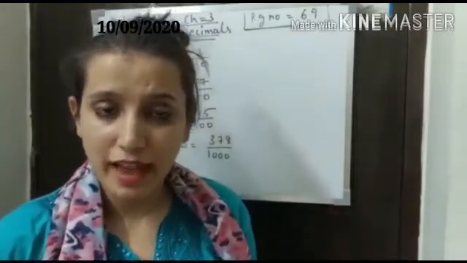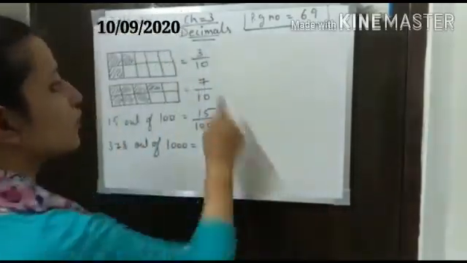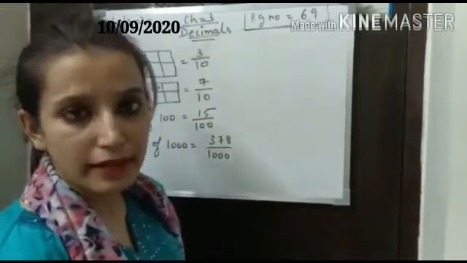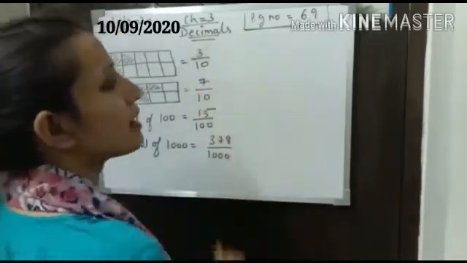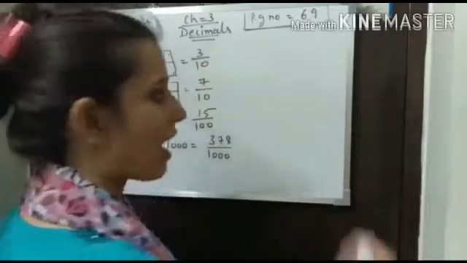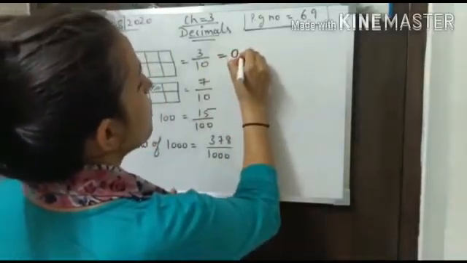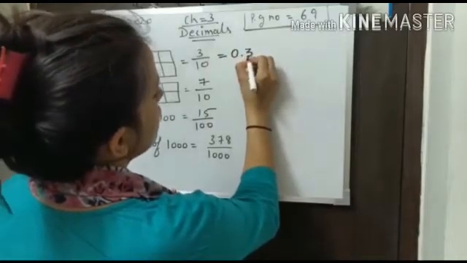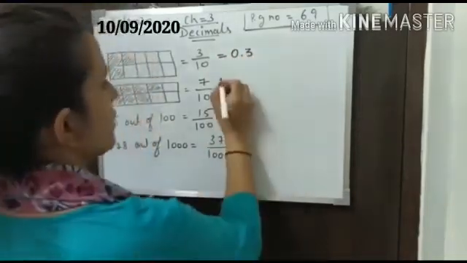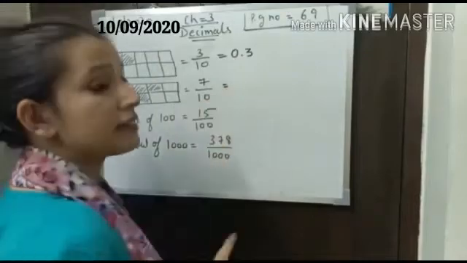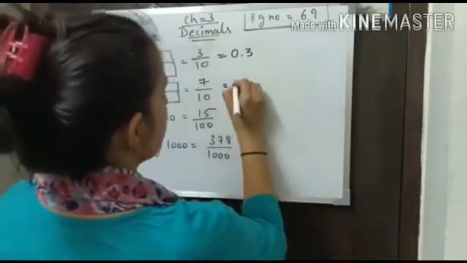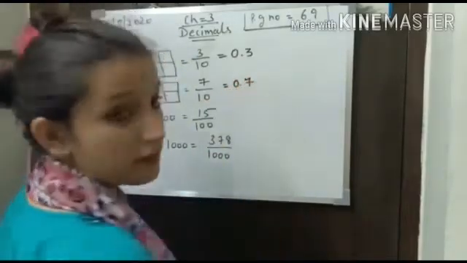So what's that? Have a look. We can write 3 by 10 as 0.3. Next, 7 by 10 can be represented as 0.7.